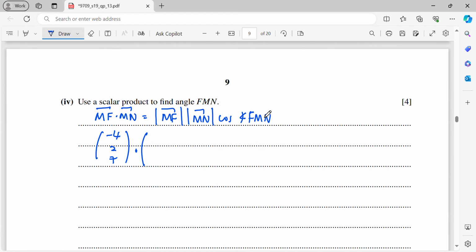So minus 2, 1, 7. That is square root of. Now the magnitude is basically you square all the components and then you plus all of them. Then here minus 2 square plus 1 square plus 7 square. Then cos angle.